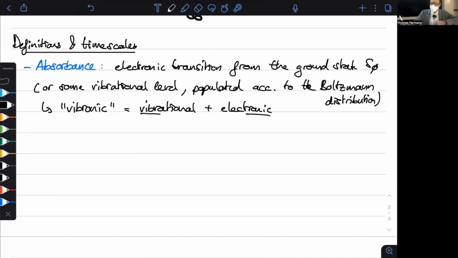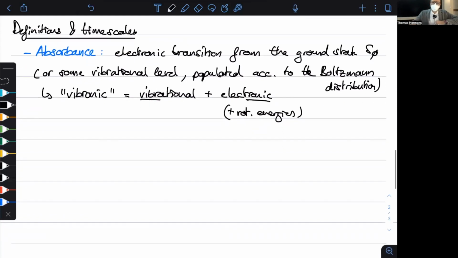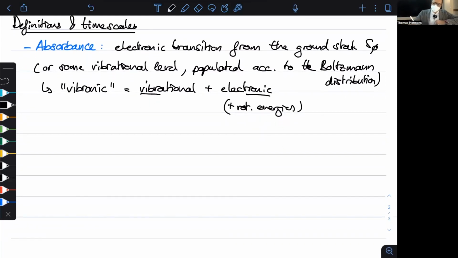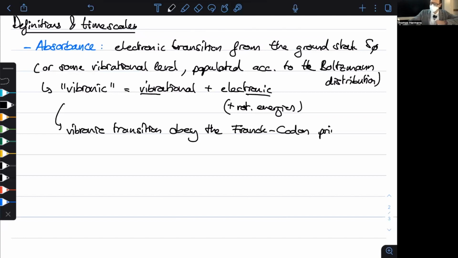Actually, it also includes rotational energies, but because they are so small in between the vibronic states, people don't really care about them too much. And so these vibronic transitions obey the so-called Franck-Condon principle. We'll call it FC.